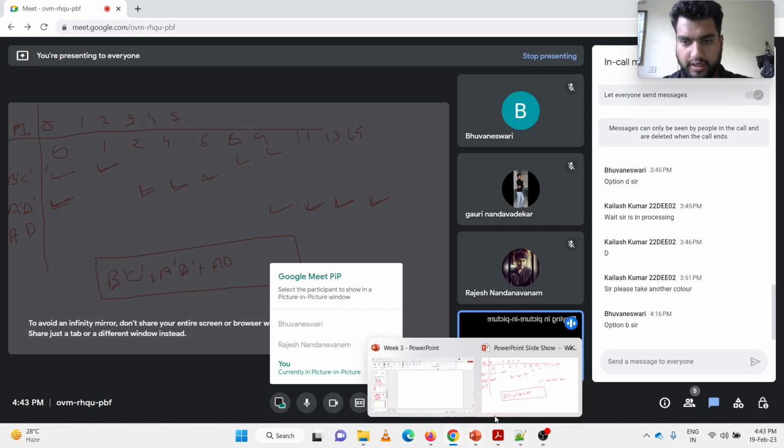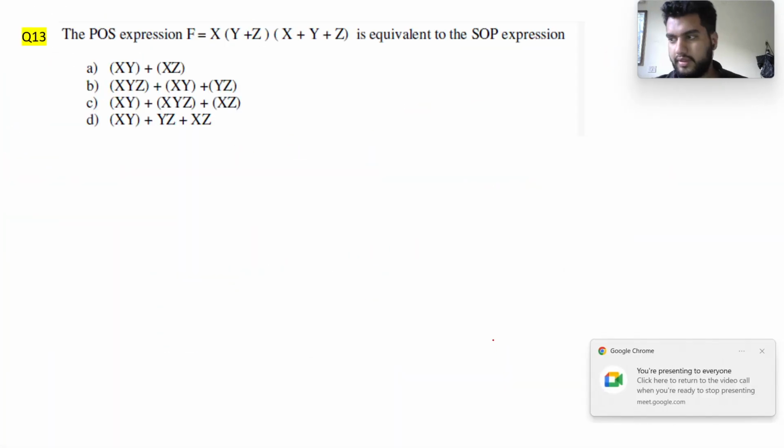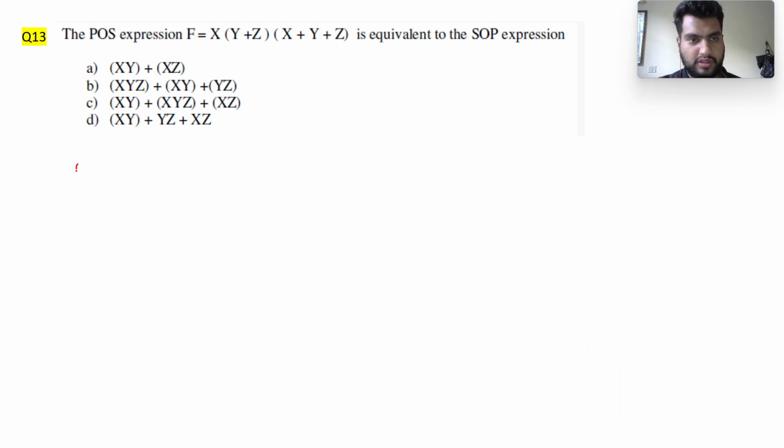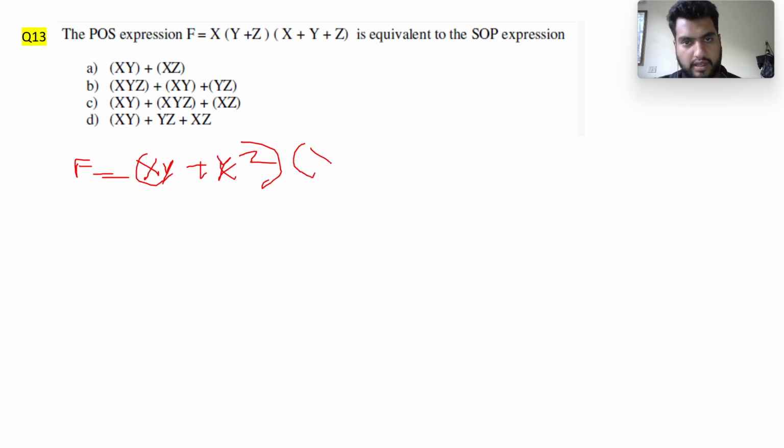I think we should proceed. So this is another question. This question is, the POS expression is equivalent to SOP expression. So this is a simple Boolean algebra here. So we can reduce it like this: xy plus xz, and then we have x plus y plus z, and then we have xy, x and x is x only.